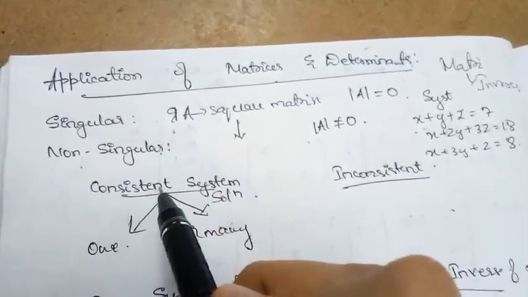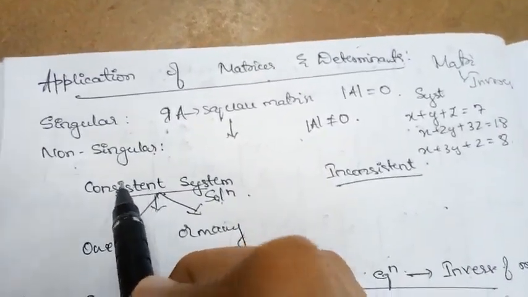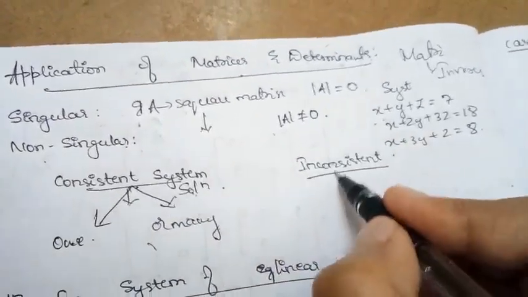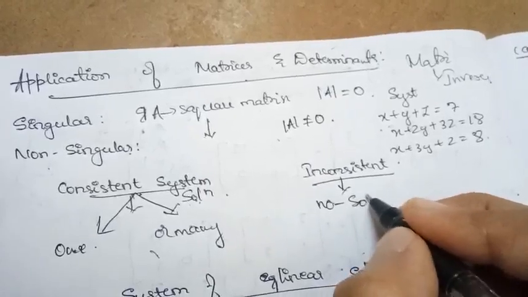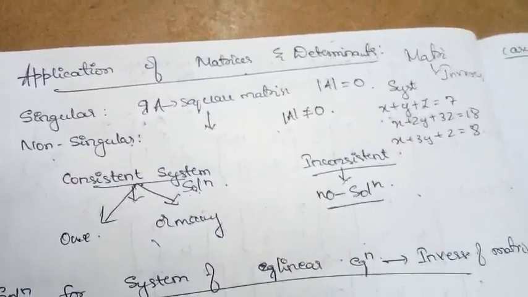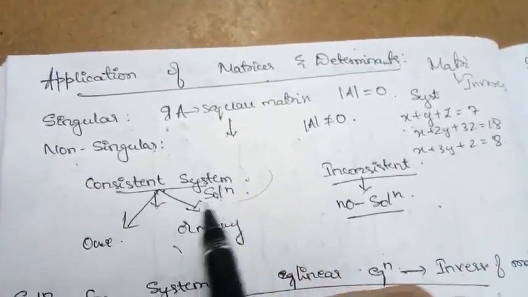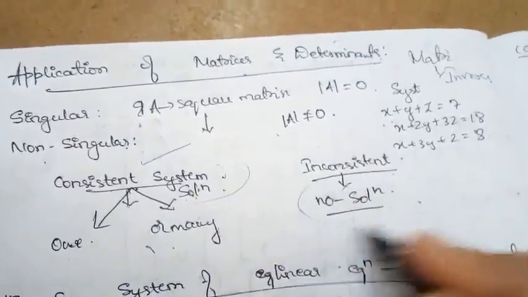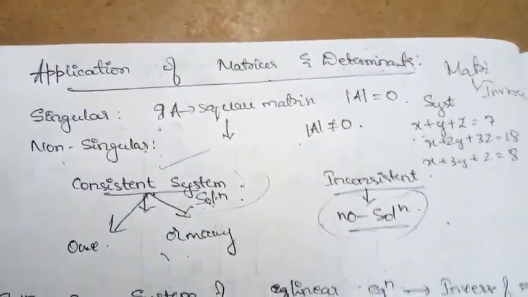A system is said to be inconsistent if it is having no solutions. So make it clear: a system having one or more solutions is said to be a consistent system, and a system having no solution is said to be an inconsistent system.